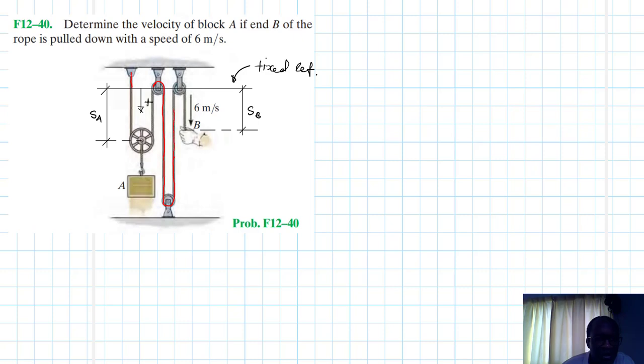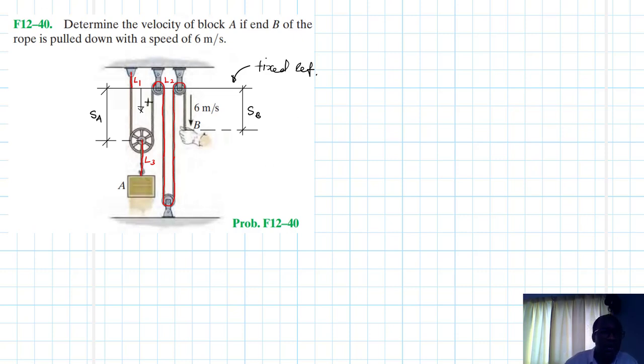The length is constant, up to somewhere there. And then we have this one from there to there, which is another constant. So let's label them: let's call this L1, this one L2, and this one L3.